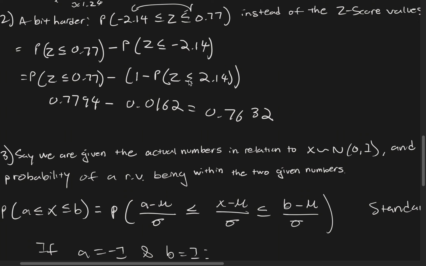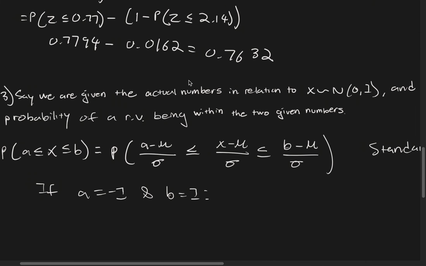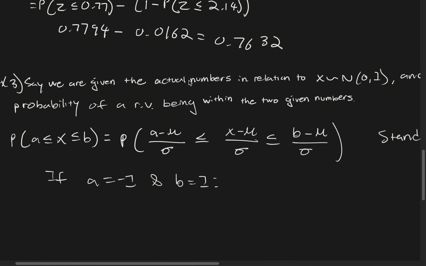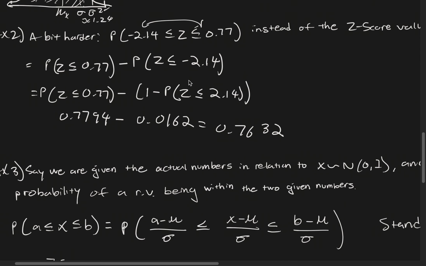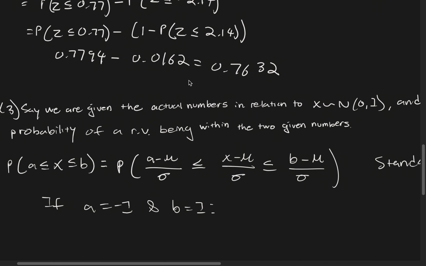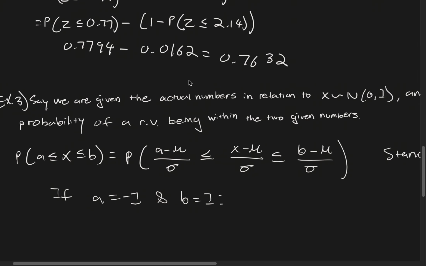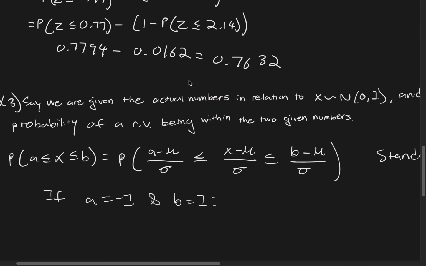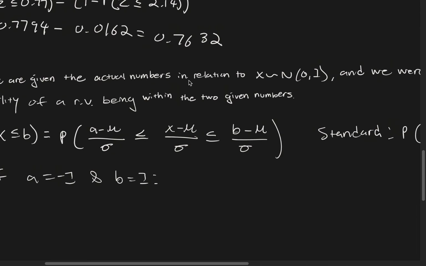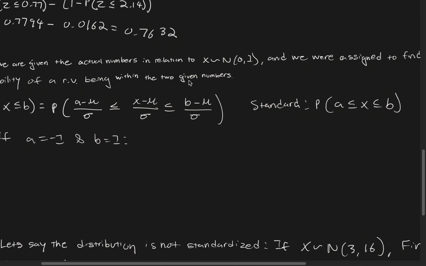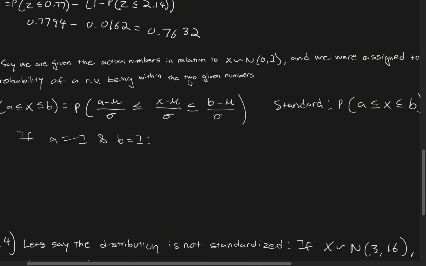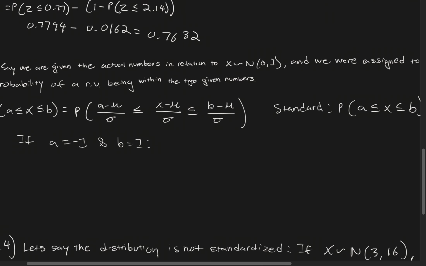All right. For the third example, say instead of being given the z-scores or the standard deviations, we're actually given the numbers in relation to the normal distribution, and we're asked to find the probability of a random variable being within the two given numbers.